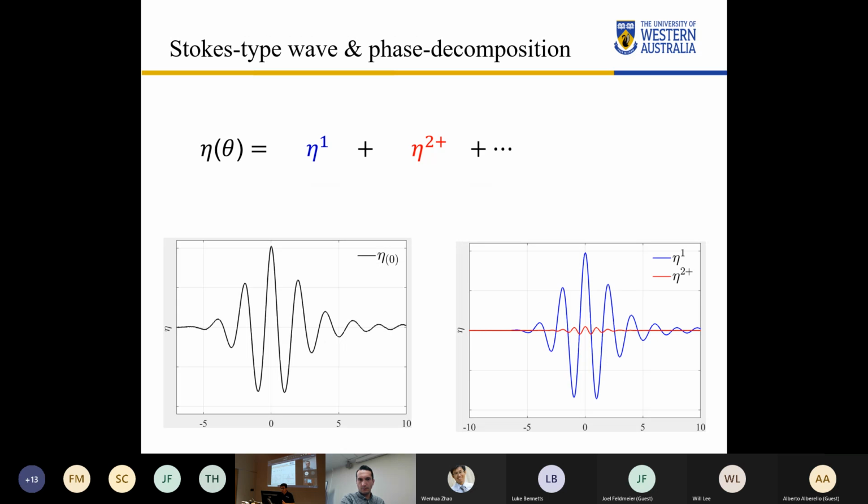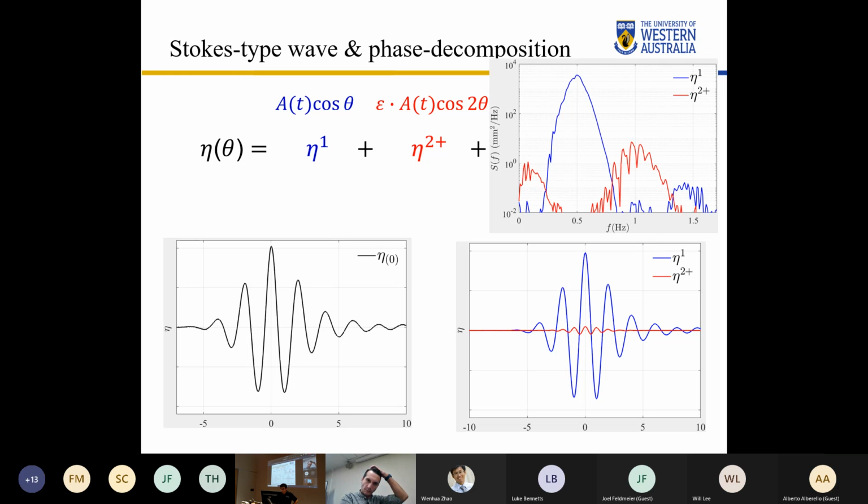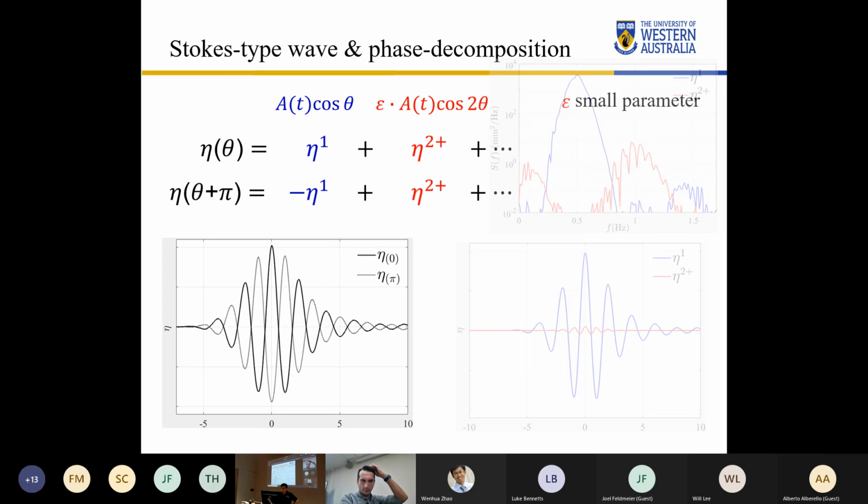And before I show you the results, I would like to show you this slide. This is a very simple Stokes type wave demonstration, and this is like showing the second order nonlinearity of the waves, and then we can do the phase decomposition, which is like 180-degree difference.